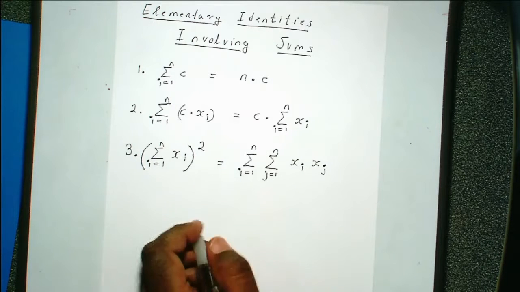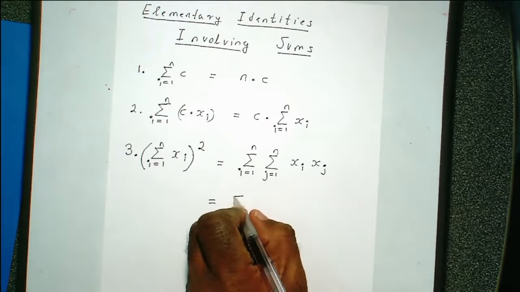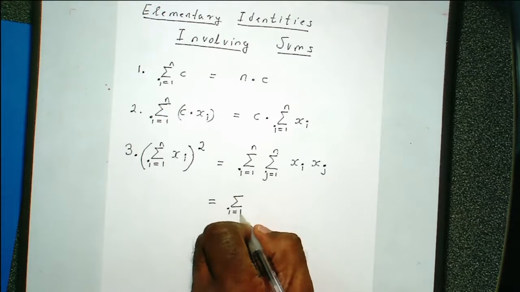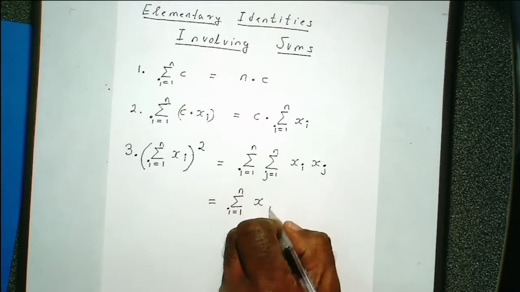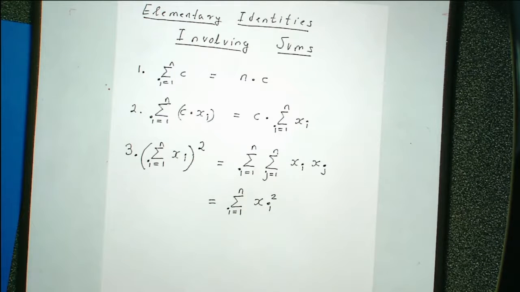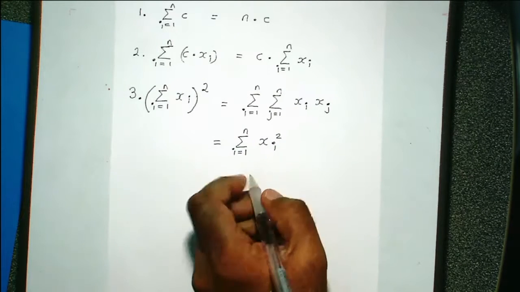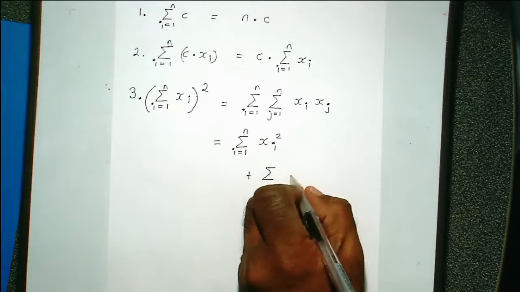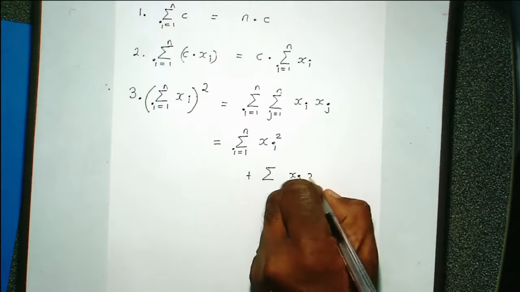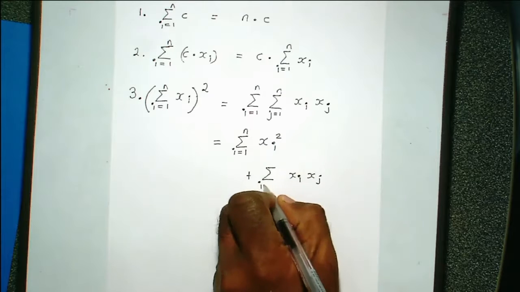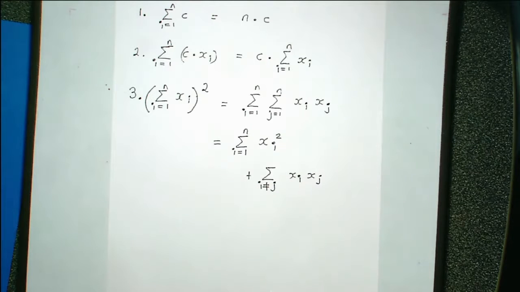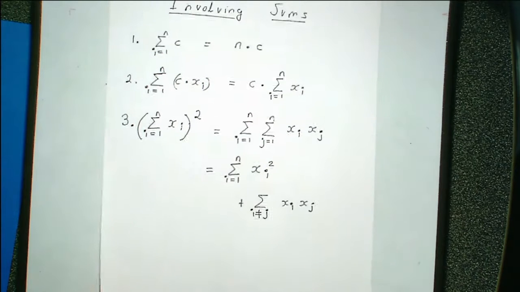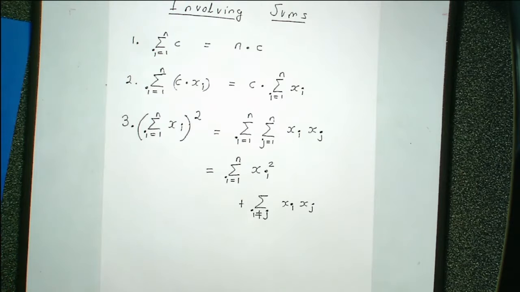You can also write it like this plus something else. These are two ways of writing this. So these are 3 identities involving sums. Try to remember them if you can.